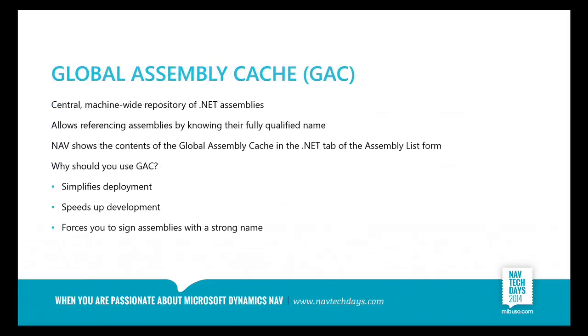First, Global Assembly Cache, or GAC. This is a machine-wide repository of assemblies, and it essentially solves several problems with deployment of DLLs that were commonly called DLL hell in the old days of automation and Win32. So to put an assembly into the Global Assembly Cache, you need to sign it with a strong name.